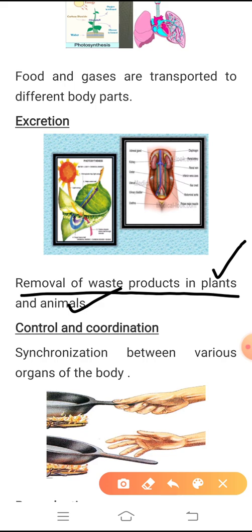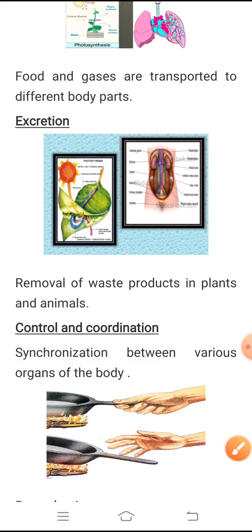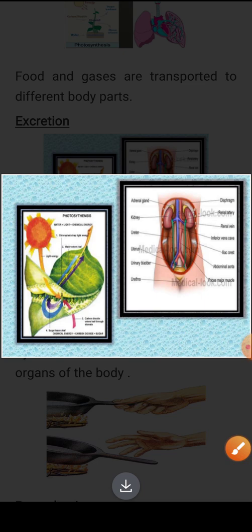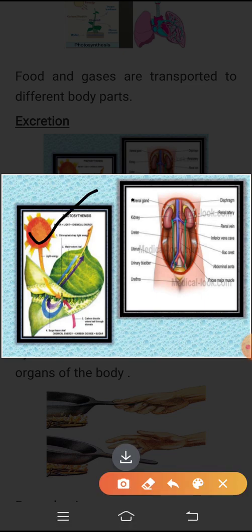These waste products are not useful, they are harmful, meaning they are bad for our body. So we need to get rid of such substances through the process called excretion, both in the plants as well as in the animals.